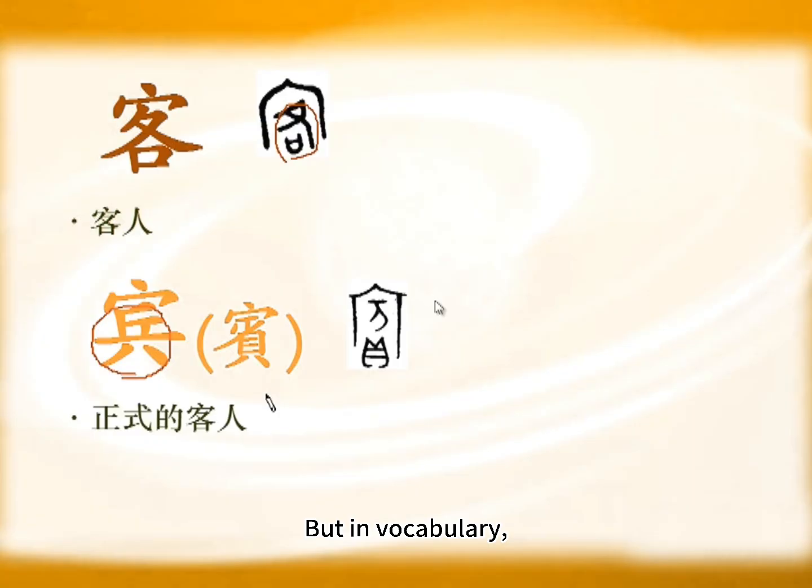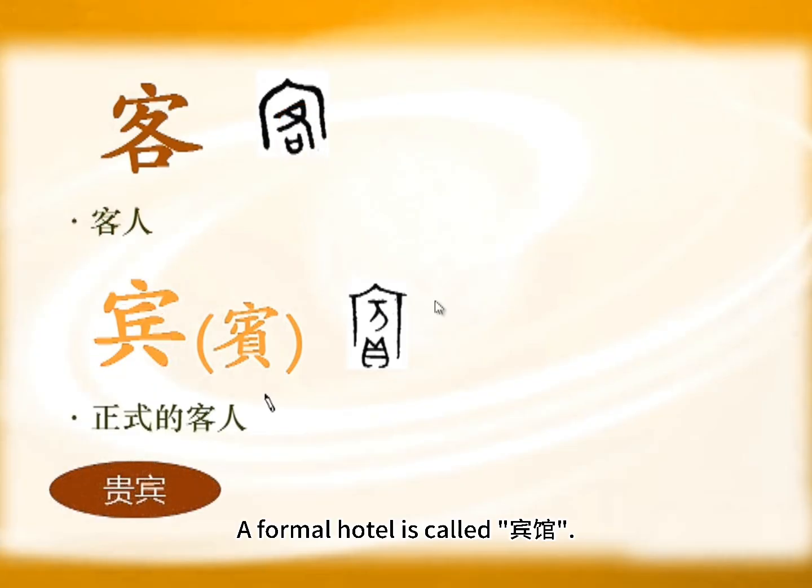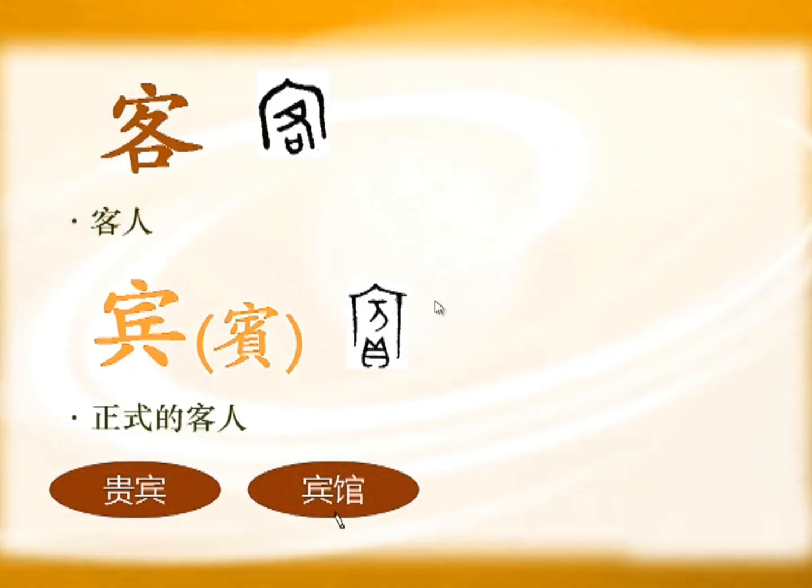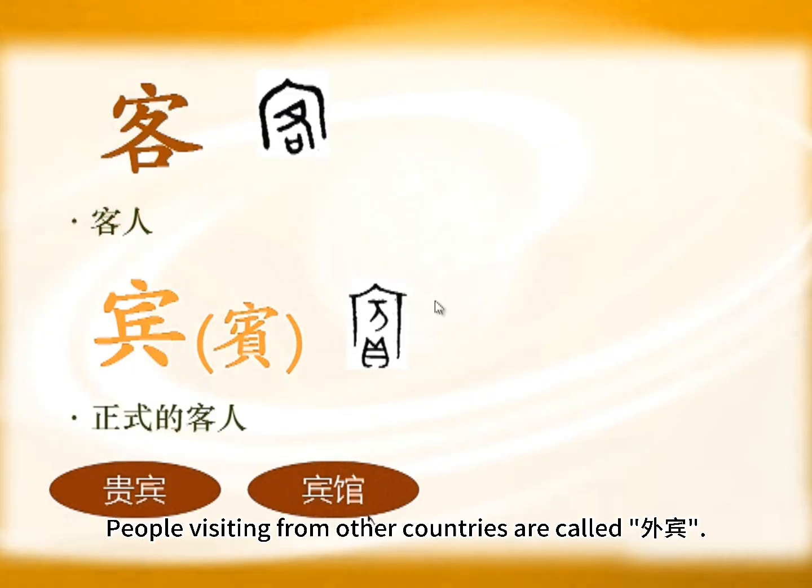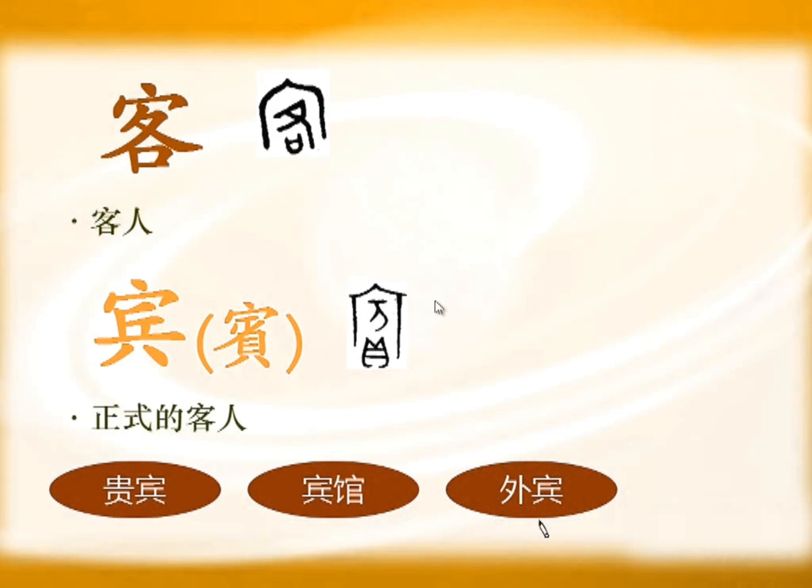But in vocabulary, formal occasions usually use bin. So a formal guest is called 贵宾. A formal hotel is called 宾馆. People visiting from other countries are called 外宾. The 宾 in these words carries a formal meaning.